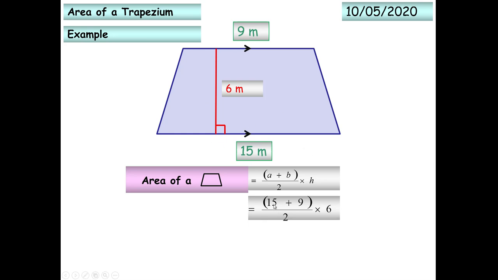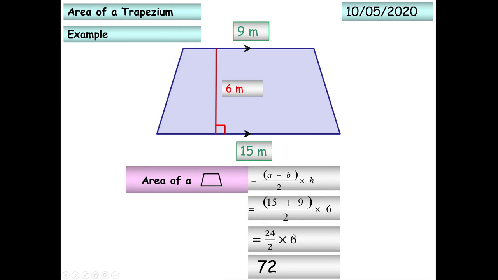So 9 plus 15, or 15 plus 9, over 2 times the perpendicular height, which is 6. 15 add 9 is 24. So half of 24 times 6, 12 times 6 is 72. 72 meters squared in this case.